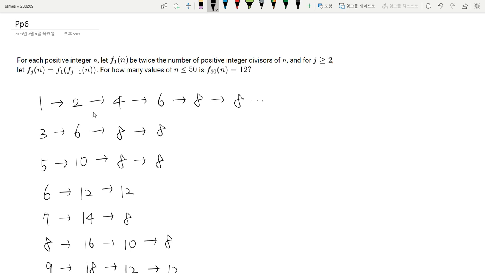So multiply two, and two makes four, and four has three factors. So twice three is six, and six has four factors, and four times two is eight, and 8 has 4 factors, so 4 times 2 is still 8. So that means 8 is a dead end, and we cannot change 8 to other numbers.